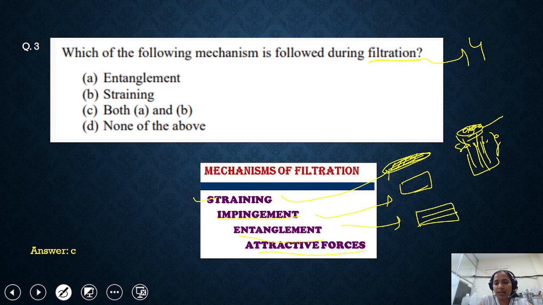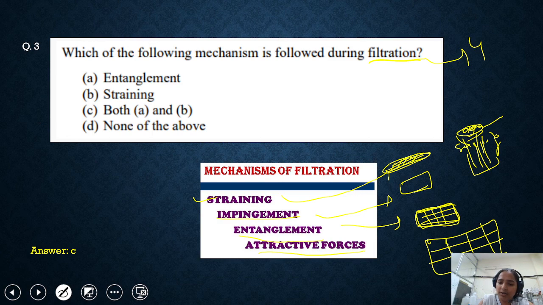But what happens in entanglement? Suppose this is your filter paper. In this filter paper there are different sizes of pores. So the particles will get entangled, not immobilized but attached, in the pores of this filter.